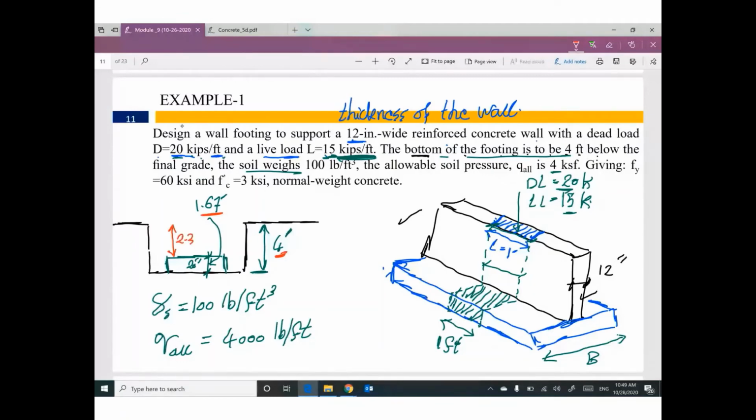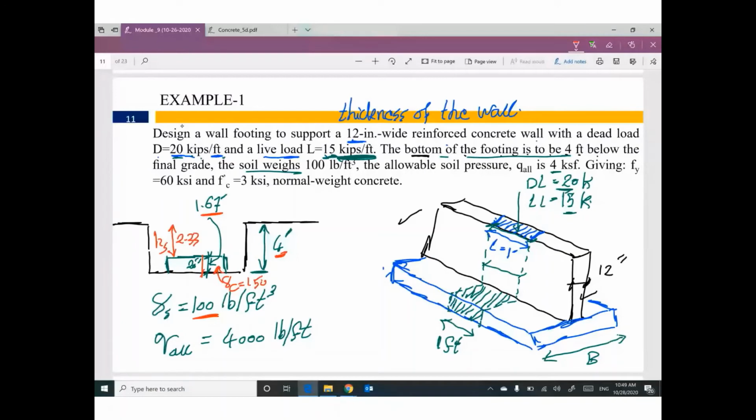So H soil above the footing is 2.33. Gamma soil is given as 100. Gamma concrete, I know, is 150, and the H for concrete is 1.67 feet.